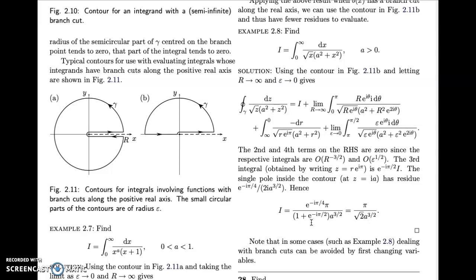Simplifying this, we multiply top and bottom by e to the i pi by 4.